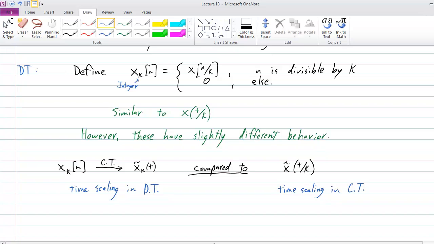So basically, we're trying to arrive at ultimately the same thing. We started with a signal x, inserted a bunch of zeros to spread this out in time, and then represented that in continuous time. And I want to see whether we get the same thing if we start with x of n, first convert it to continuous time, and then scale it out by the same amount. Do you believe that these are the same?